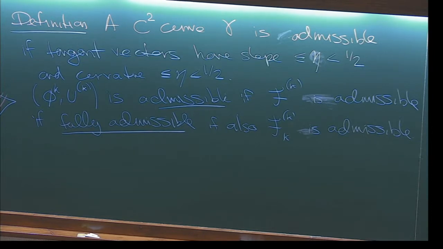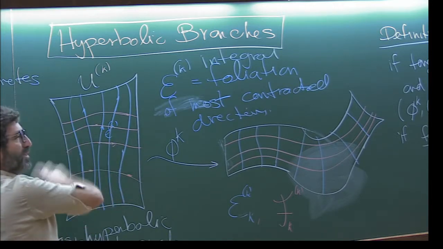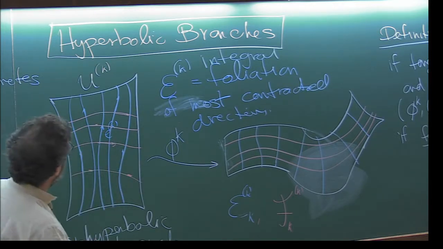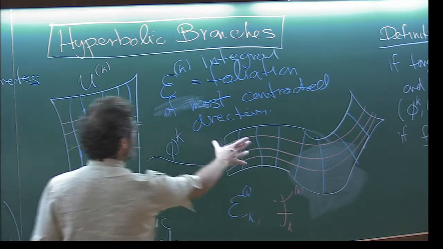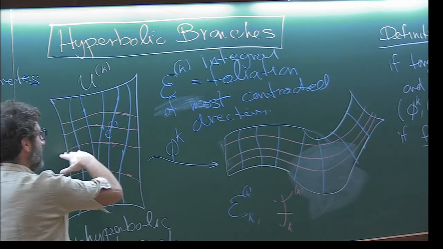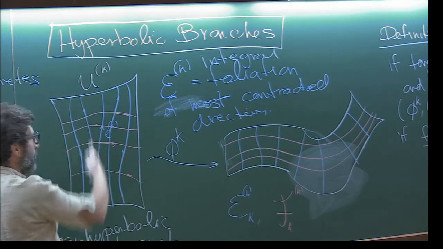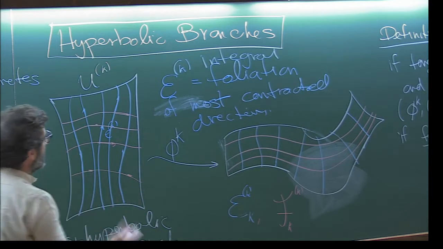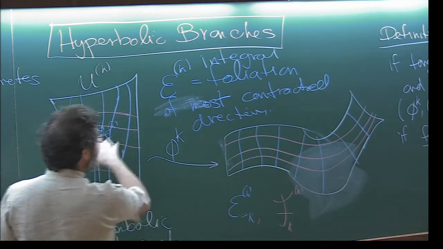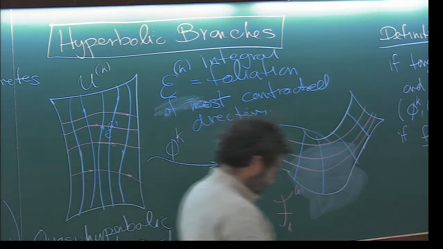Okay, so as I said, we just have two orthogonal foliations. We have no idea about whether they curve or anything. So we just define this notion of admissibility and full admissibility. Of course, notice that if the unstable leaves are almost horizontal, then the stable ones are almost vertical, right? So any statement about this unstable foliation is also a similar statement about this other one.